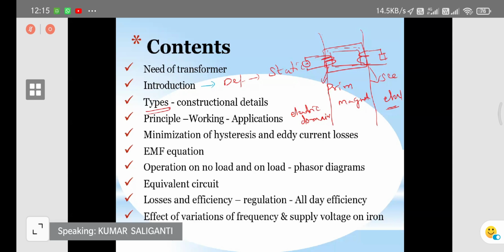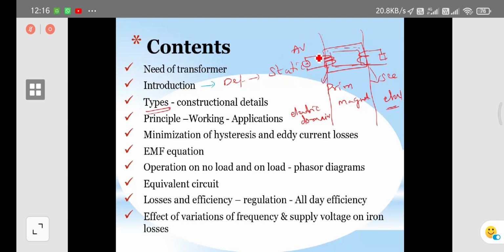Next, the principle. As you know, the transformer works on the principle of Faraday's laws of electromagnetic induction or mutual induction. Coming to the working of the transformer, an alternating voltage from the source is applied to the primary winding.